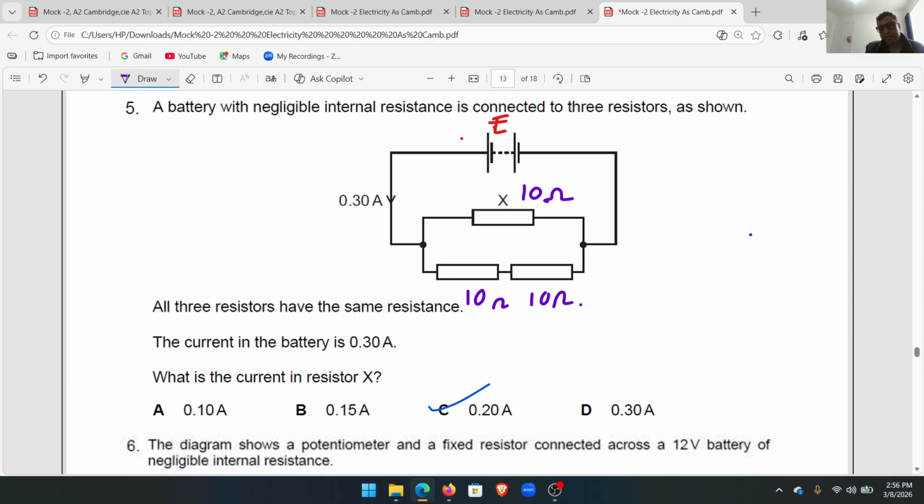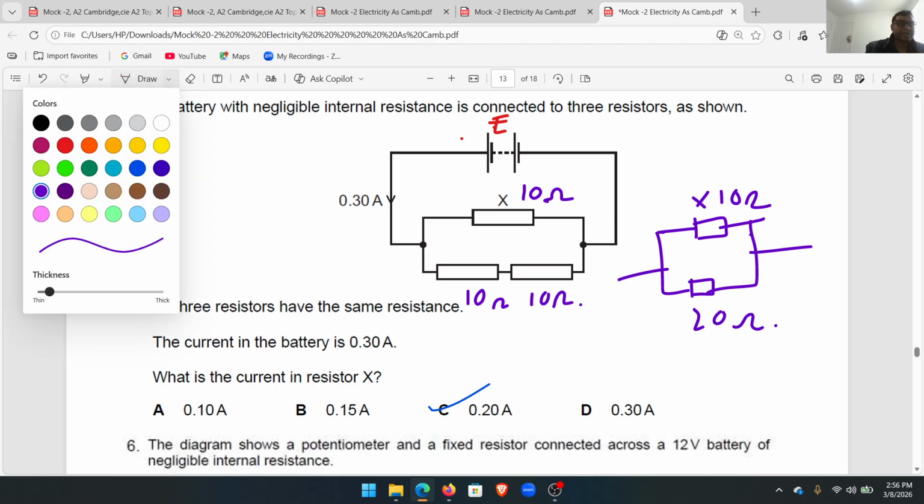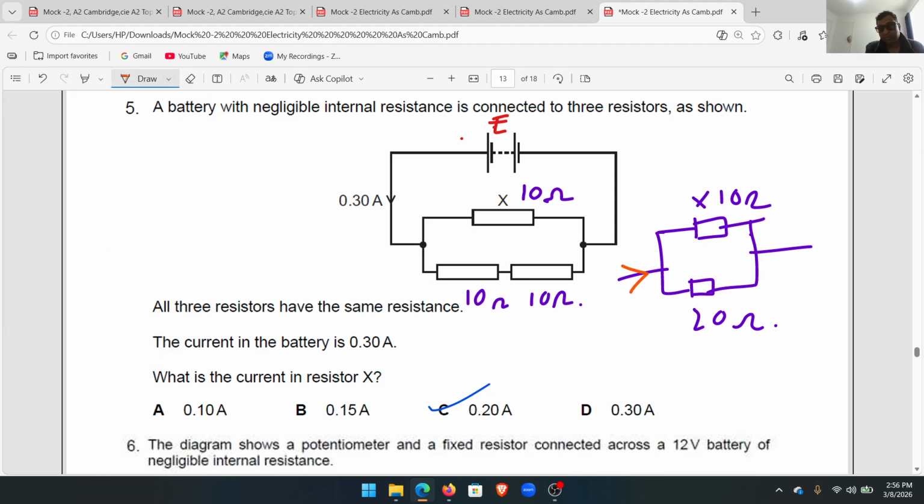so actually what is happening, X is 10, and in the lower pathway the resistance is 10 plus 10, that is 20. In a parallel connection, the main current is divided. But you know the voltage is the same for a parallel connection. So the smaller resistance pathway is the easy pathway, so current is more there. Since the resistance in the lower pathway is double, the current will be half. Or the current in the lower pathway is half of that in X. Clear?